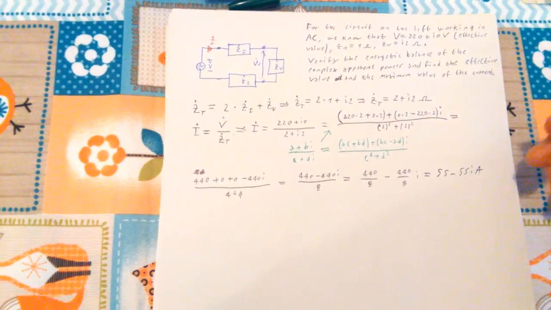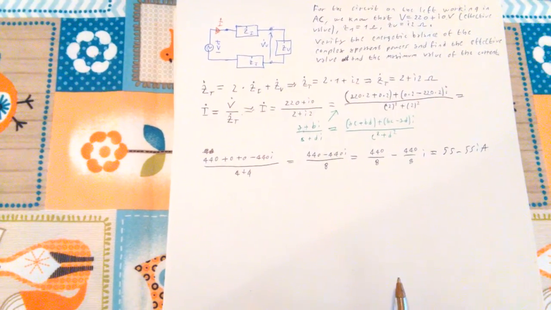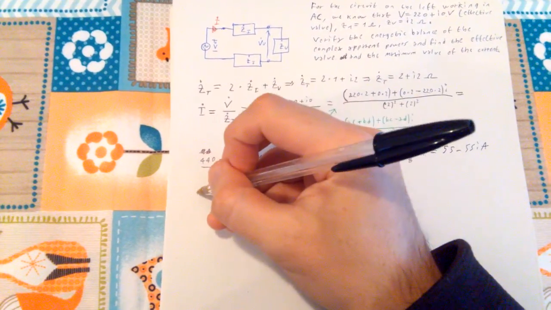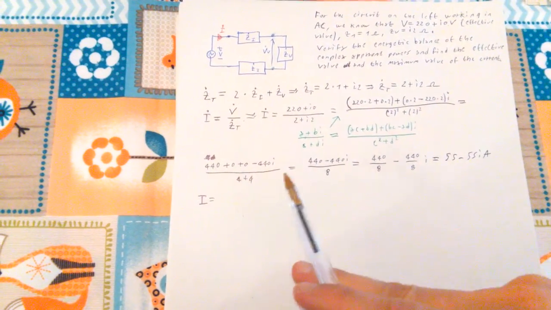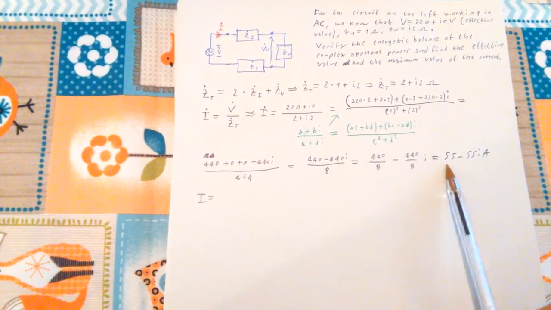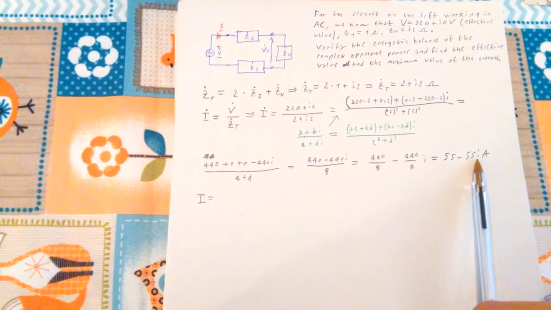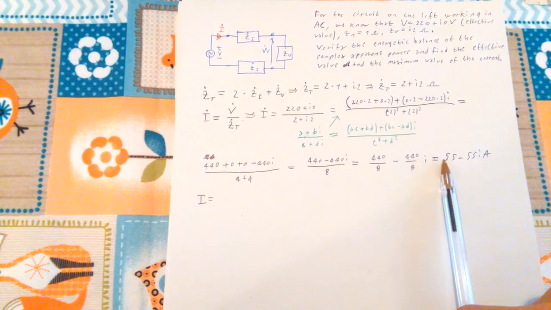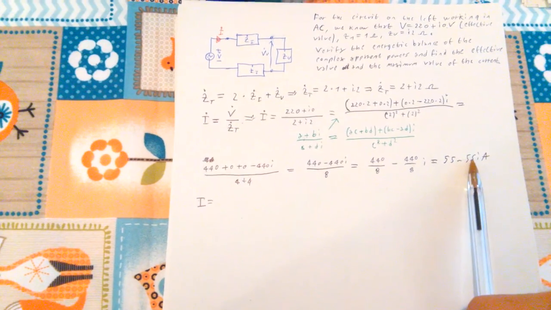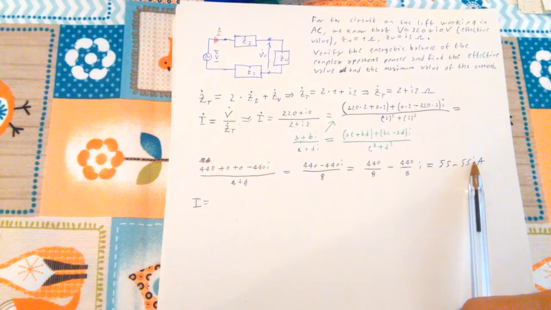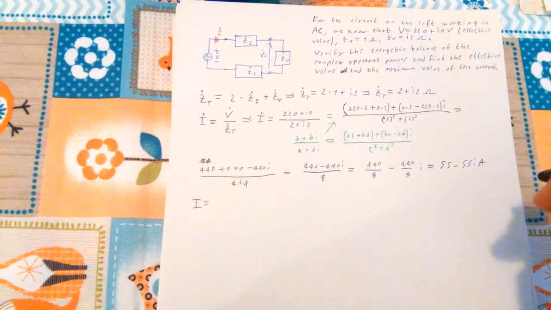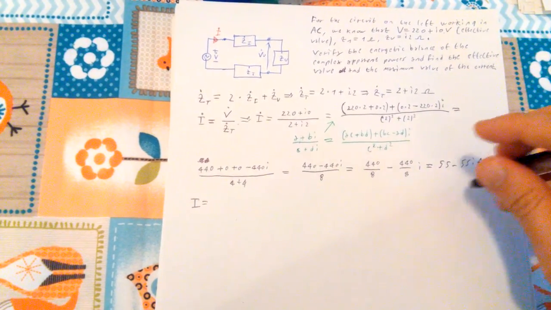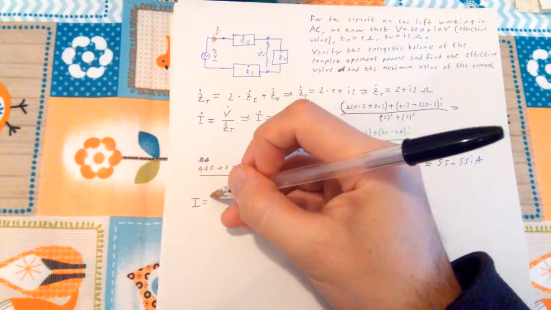Now, to find the effective value of the current, you basically have to calculate the norm of the real part and the imaginary part. Do you remember in linear algebra how to calculate a norm? Well, that's right. The square root of those two values squared added together.